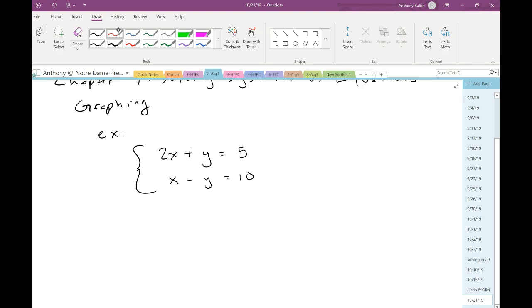the first thing we'd want to do is to get these equations into slope-intercept form. So the first equation, I can just subtract 2x from both sides.